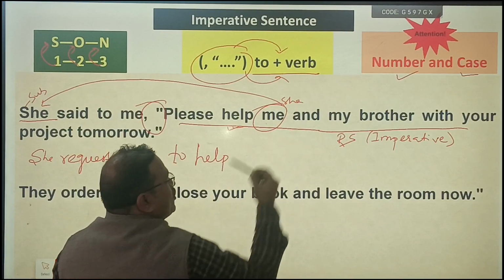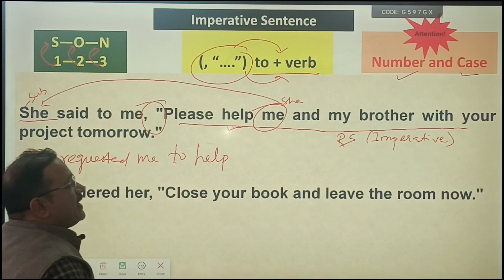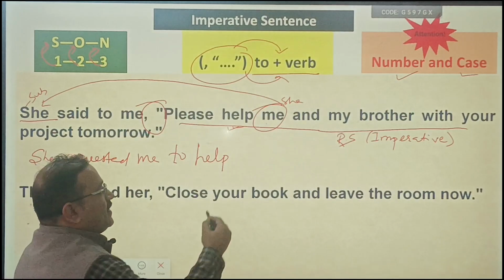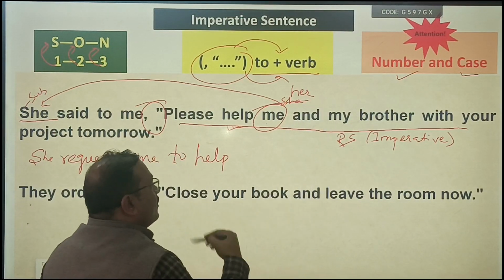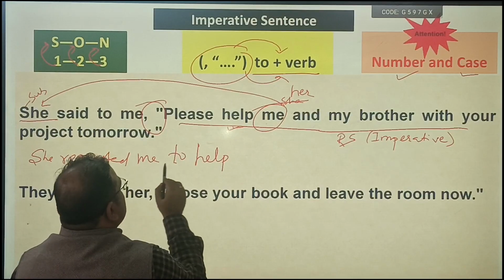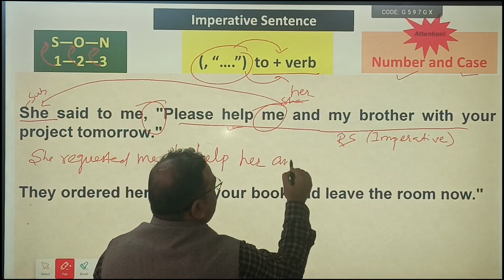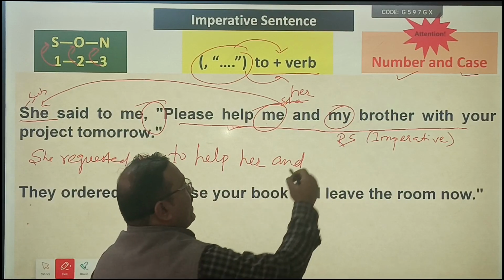Me is singular, she is singular. Me is objective case and she is what? Subjective case. So what we have to do? We have to change she into her, objective case. So she requested me to help her, and again we have my will be changed by subject.